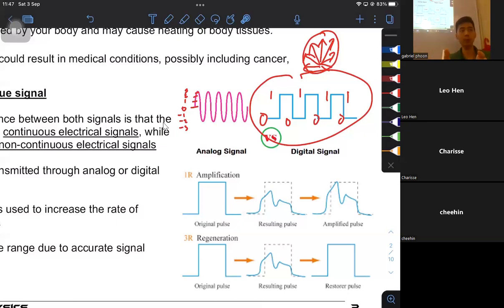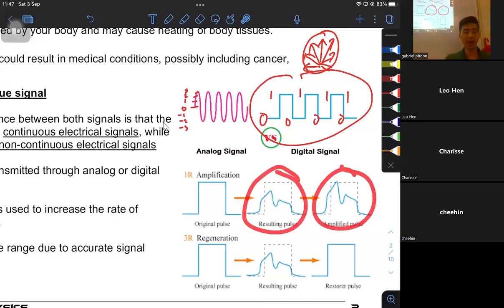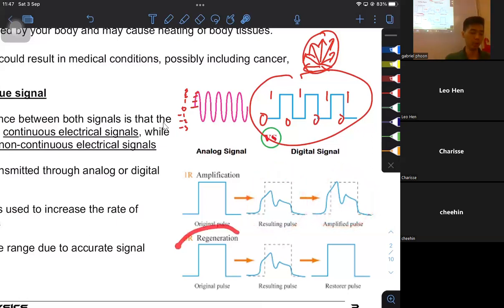But right now with Zoom and everything, most of the time the signals are very good already, because not only do they amplify the signal, they will also regenerate the signal so that whatever I say here, it will be restored back to wherever you are. Like for example, Leo here is in KK Sabah, right? You won't have any problem as long as your internet connection is good. It's because the signals are being amplified and also regenerated to the original sound.